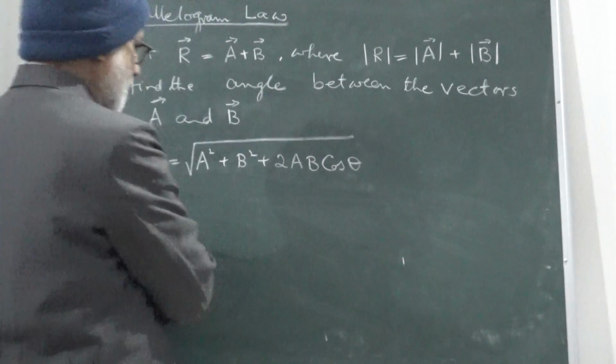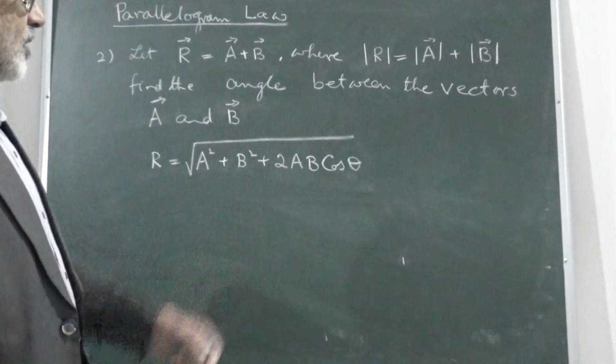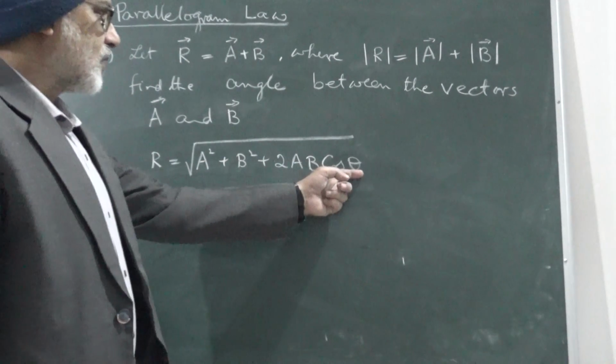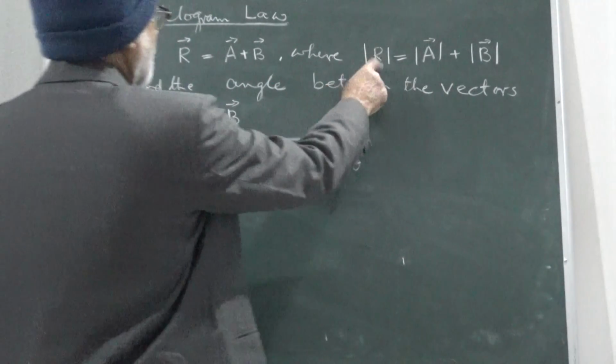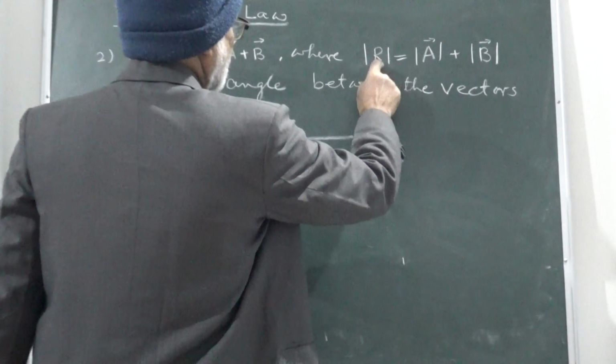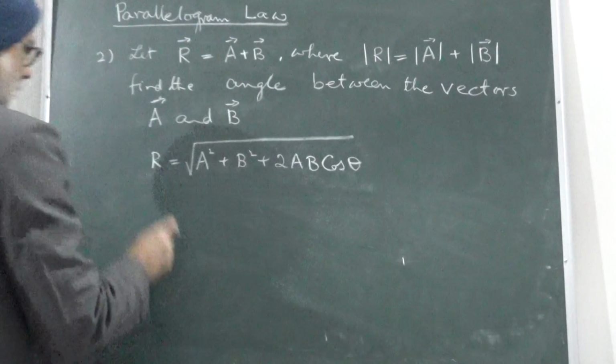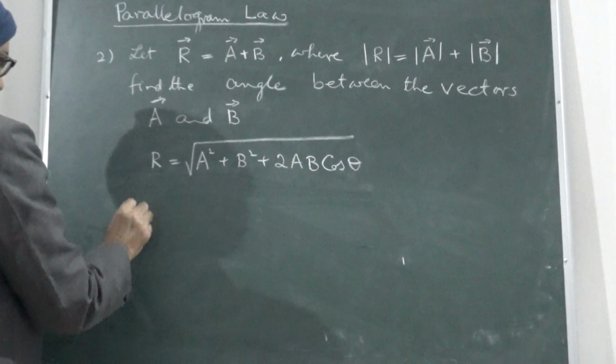We have the formula to find the magnitudes, and this is the formula where theta has to be found out. But in the question it is given that the mod of R is equal to the sum of the mod of A and B.